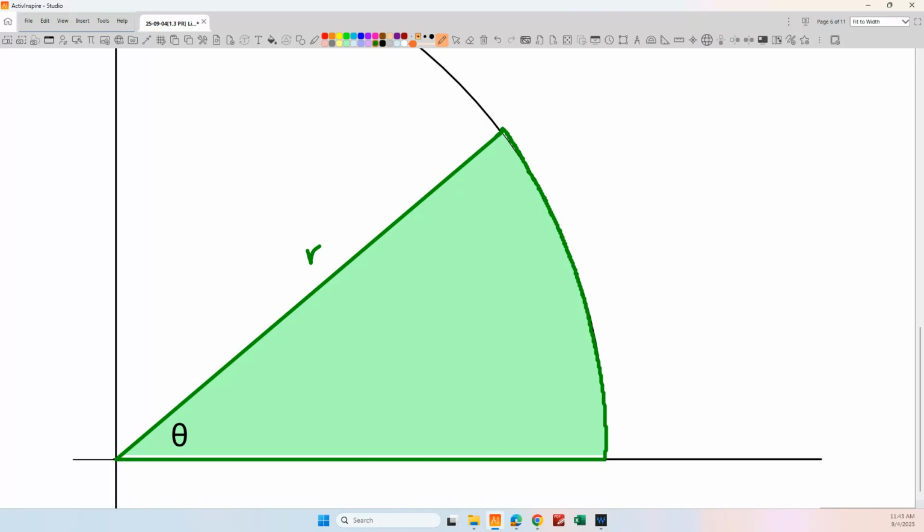I'll give you a hint. What's the area of that entire circle? Okay, so there's a pretty good hint. But then you have to find that much of the circle? Yes. So what fraction of the entire circle is that sector? 1/8?